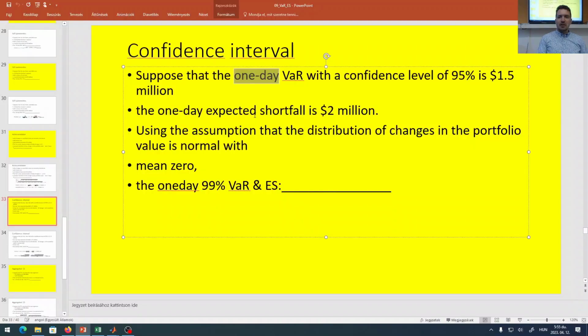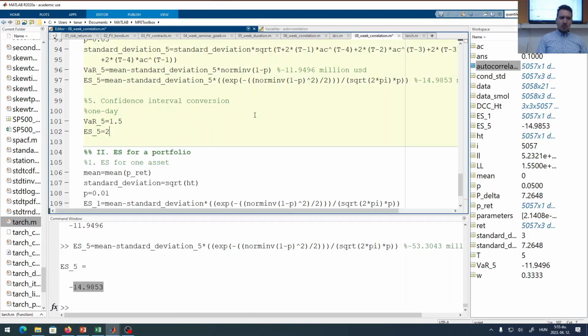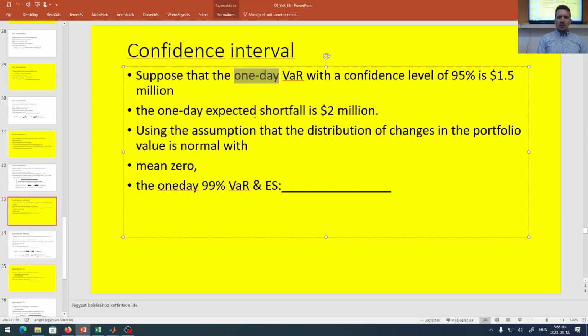It's still 5%. Let's do. Using the assumption that the distribution of changes in the portfolio value is normal. Yes, and the mean 0.